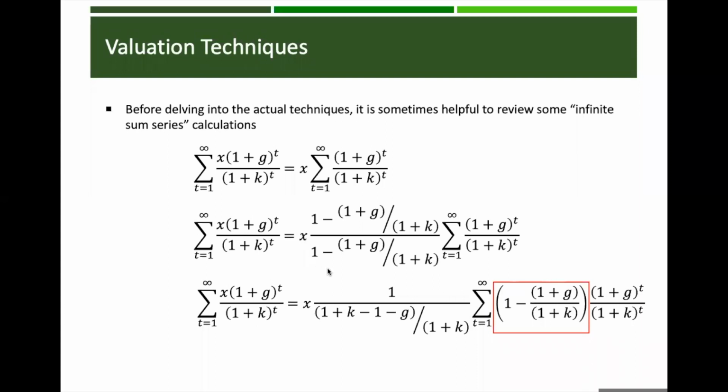In the denominator, 1 is the same thing as 1 plus K over 1 plus K. So I've moved that 1 into the parentheses here: 1 plus K minus 1 minus G. Okay, all I have done is rearrange in that line.